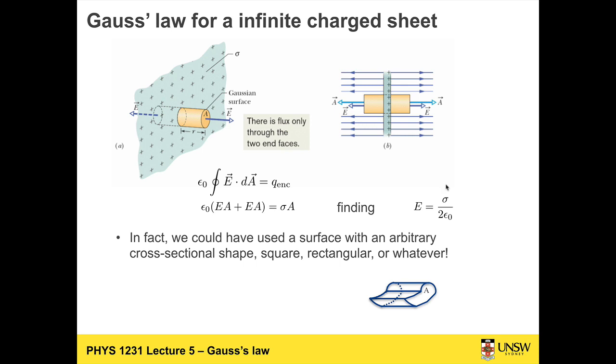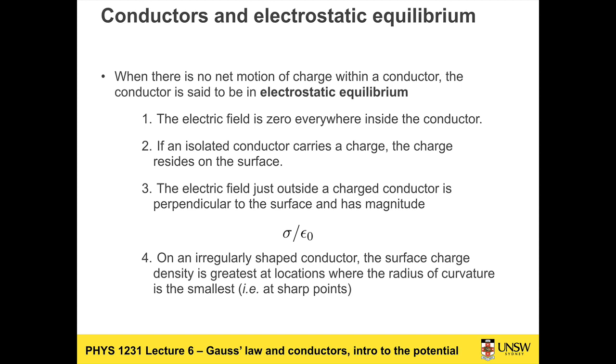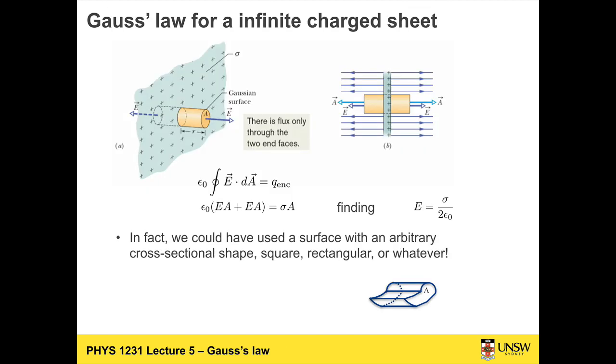So there are a number of examples for Gauss's law, and I encourage you to go and review those, because in this course we'll be writing equations for the electric field, and these are known as Maxwell's equations, and we'll get to those very soon.